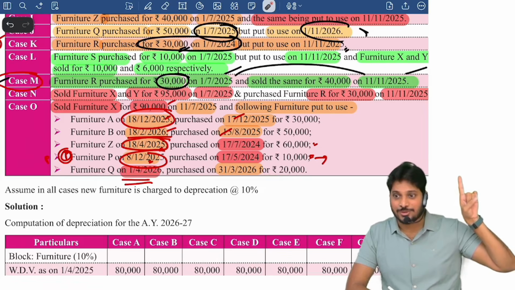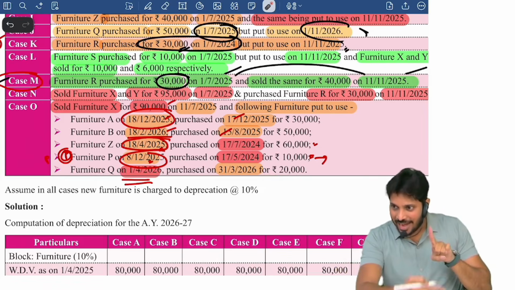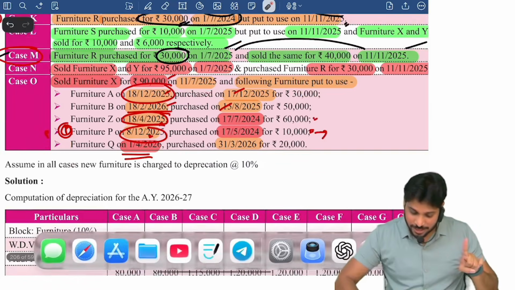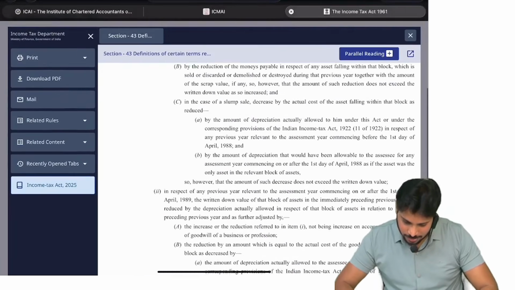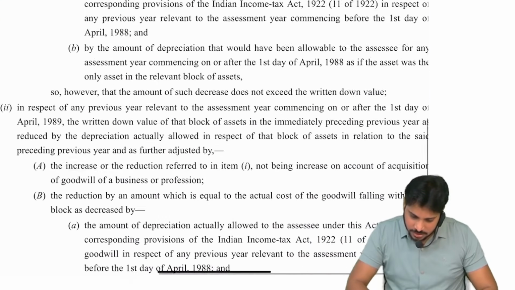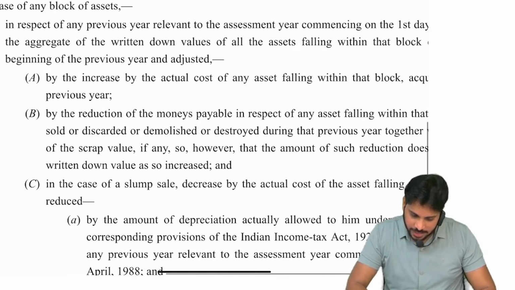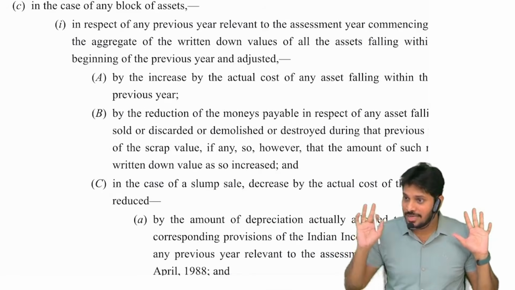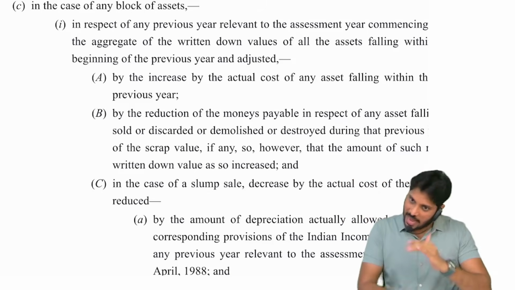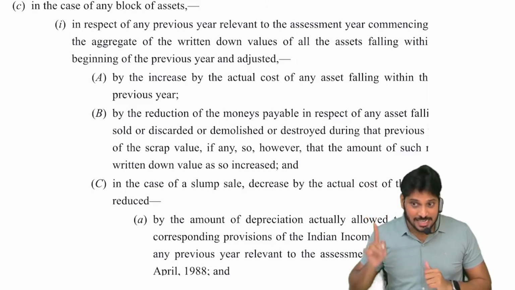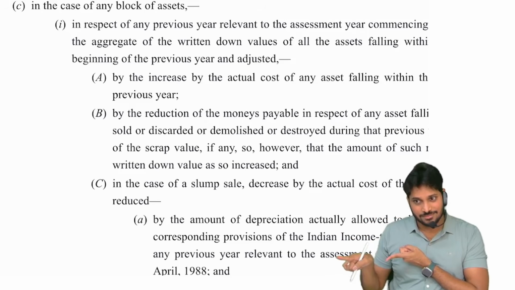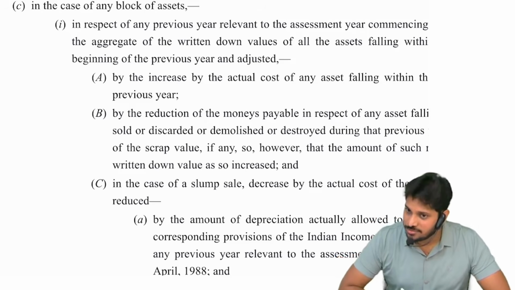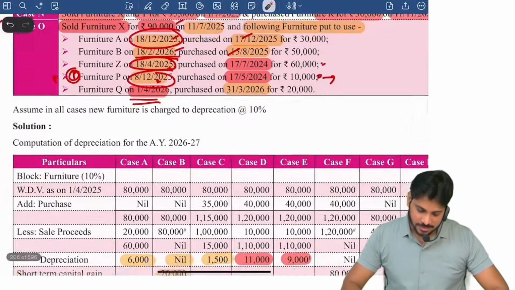Act also I showed purchase date is relevant for adding in the block. WDV value, remember I showed you in the Act also, you see here, increased by actual cost of any asset falling in the block acquired during the year. Usage doesn't matter. You acquired, add in the block. But when you're calculating depreciation, based on usage you give. That's it.